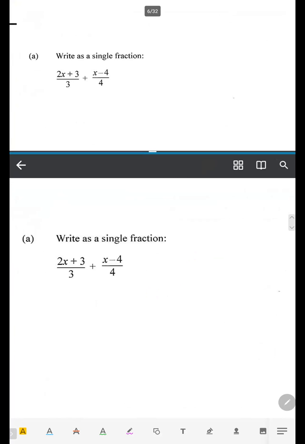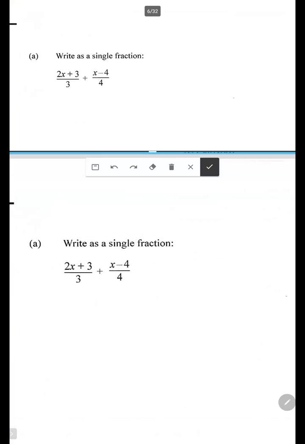Now, when you're adding fractions, essentially you want the 2 denominators to become the same, right? Right now, they're not the same. So you want to adjust the 2 fractions to make the 2 denominators the same.